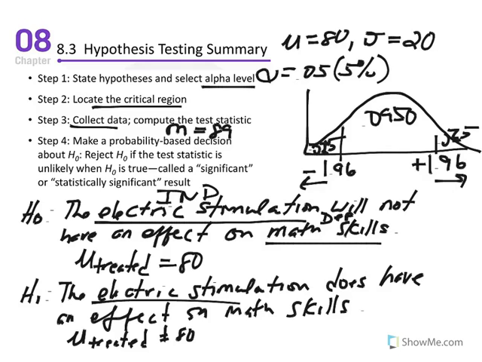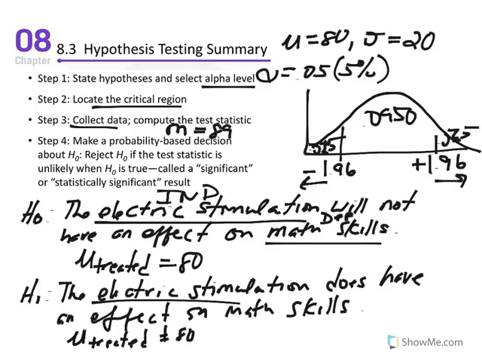It is very unlikely that we would obtain a sample mean of 89 based on 25 randomly selected individuals from the untreated population. That sample mean has less than a 5% chance of occurring in the untreated population.